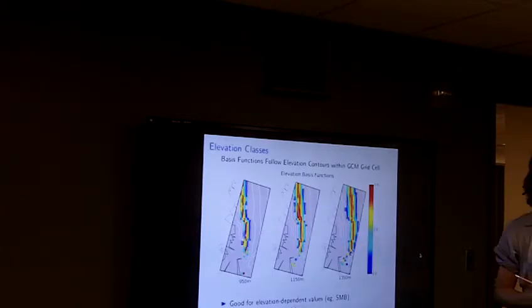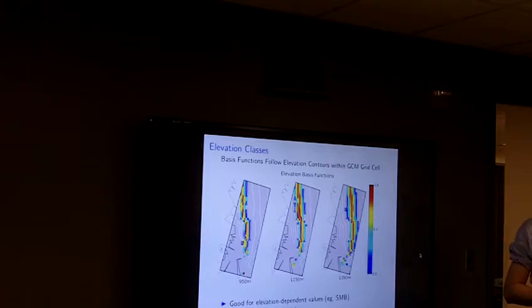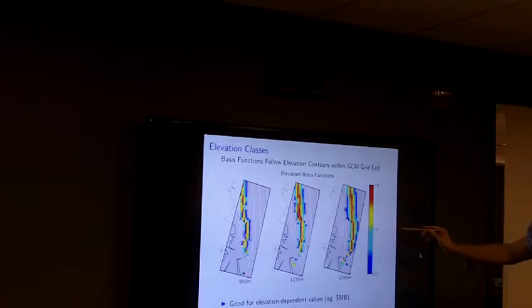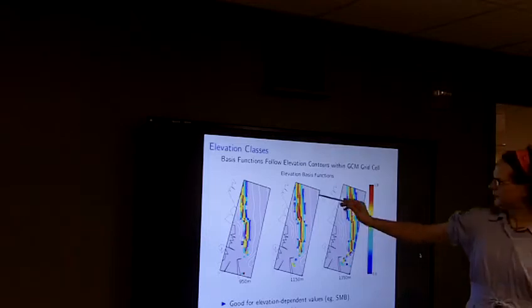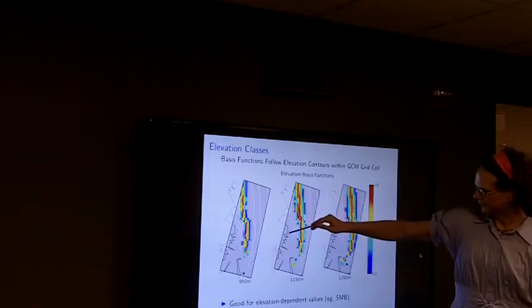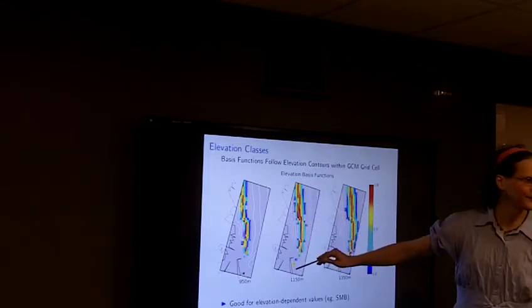So we're using elevation classes, and I'm not going to talk about them much, except to say that elevation classes are where you represent your function in terms of basis functions that follow elevation contours. And here's an example of my basis functions. So this is the west coast of Greenland, this jagged line here.